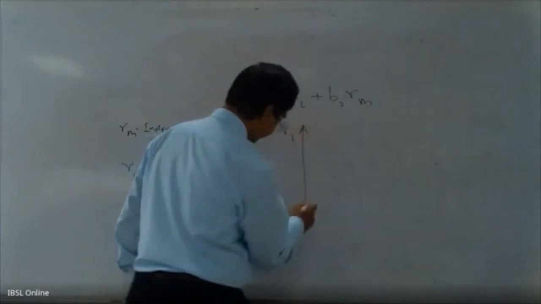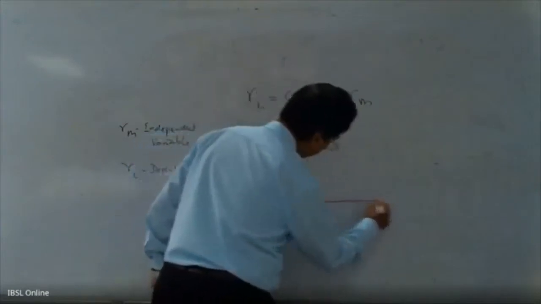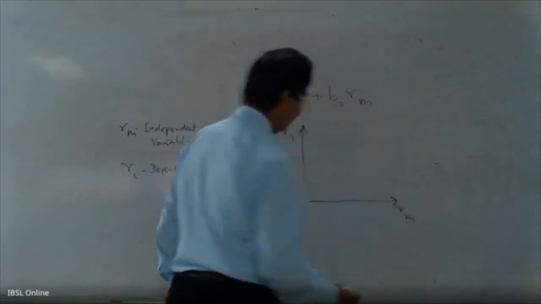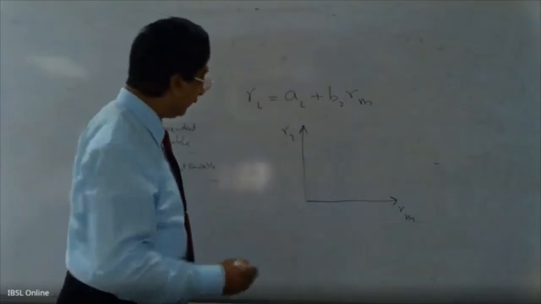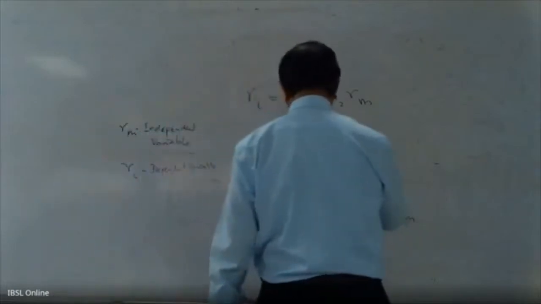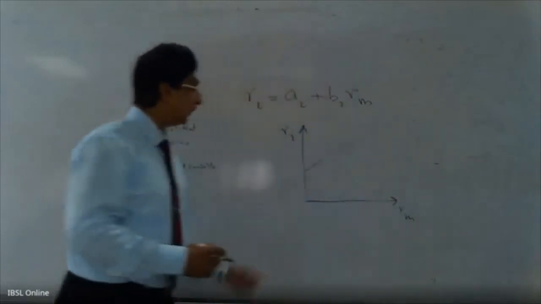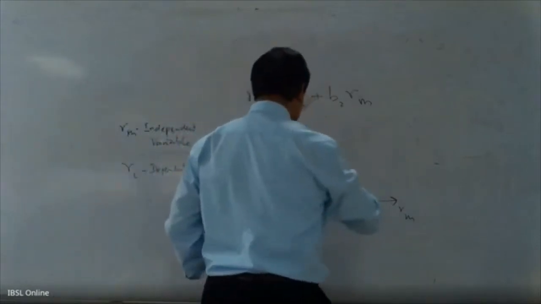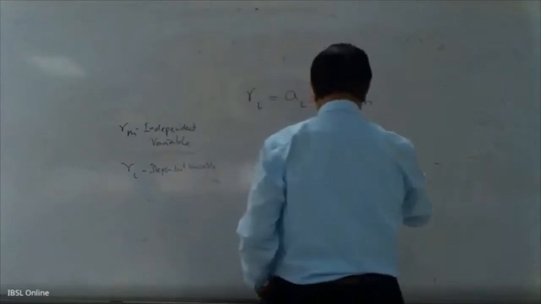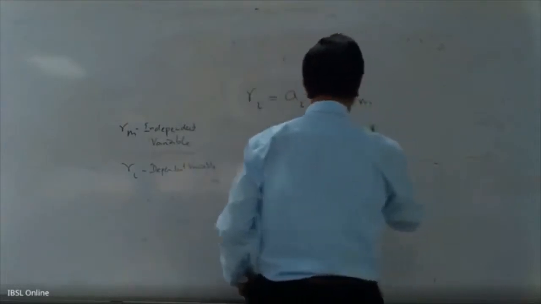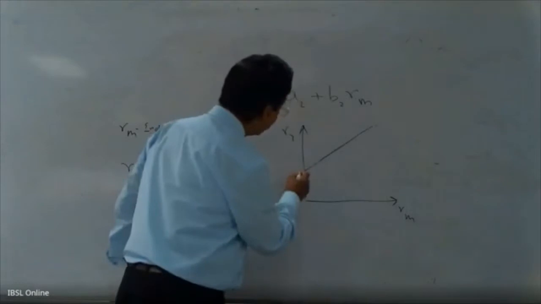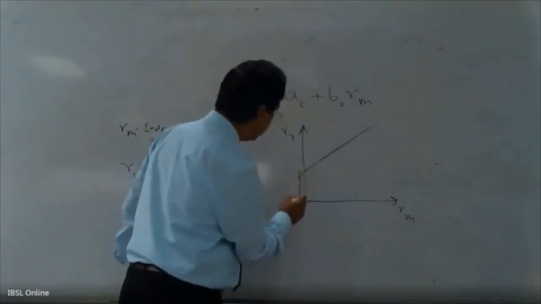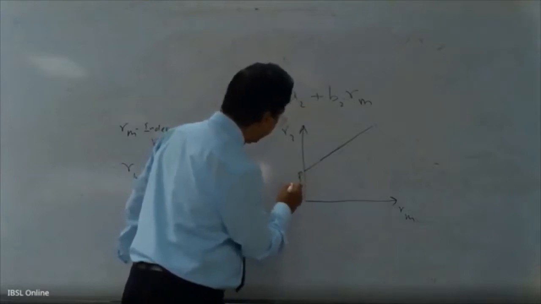So if I signify it this way, Ri and Rm, when you draw a line like this, it becomes the characteristic line. And this particular distance we call Ai.